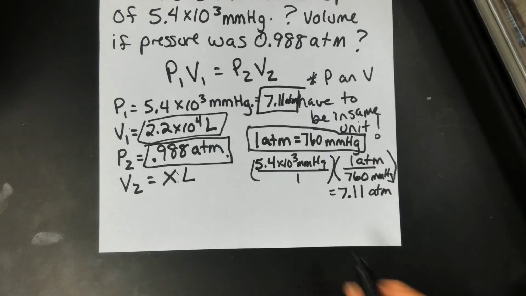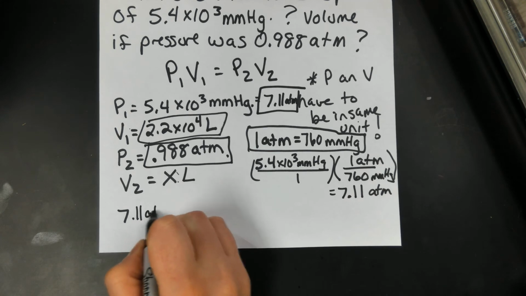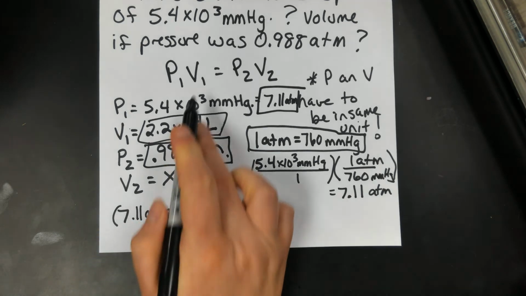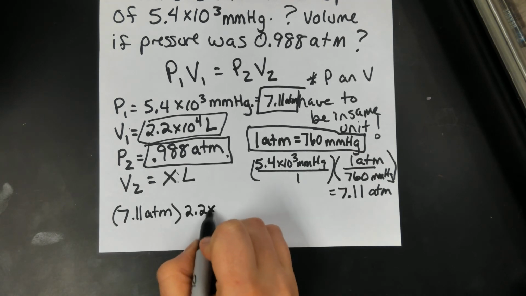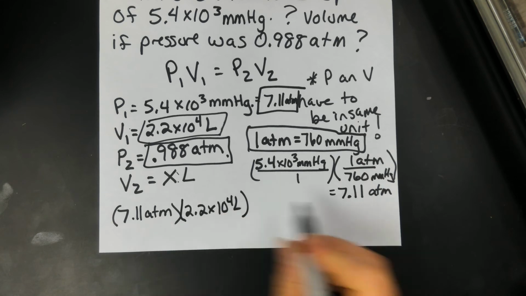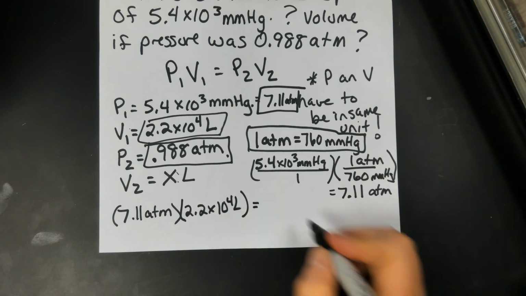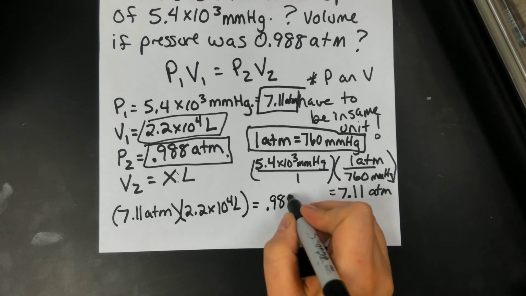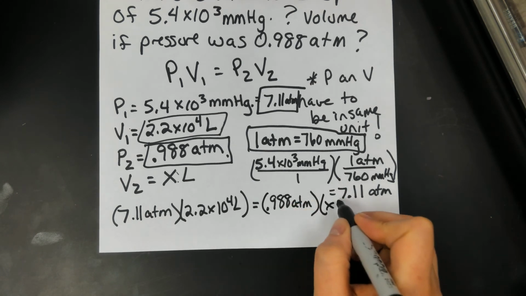So my P1 is now 7.11 atmosphere times V1, which is 2.2 times 10 to the 4 liters, equals, my P2 is 0.988 atmosphere times x, right?